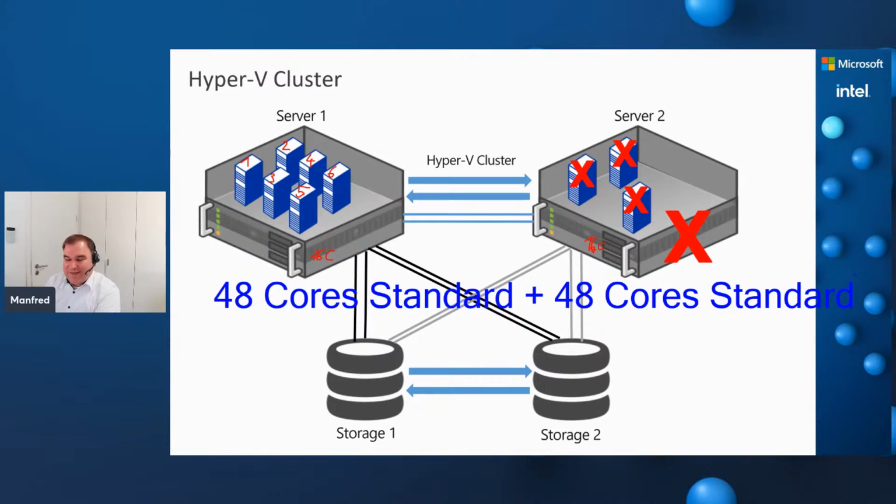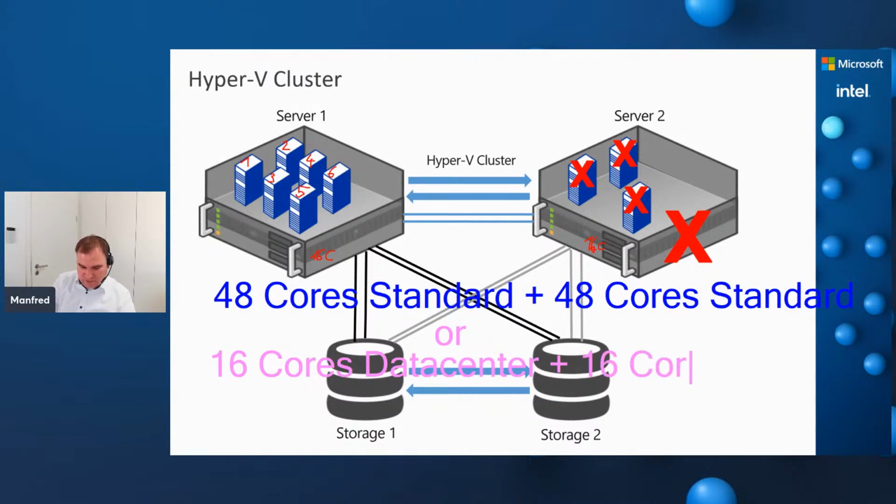If we are using Datacenter in this scenario, let's switch to the purple color here, or we are using 16 cores Datacenter plus 16 cores Datacenter. So Datacenter also on both sides.